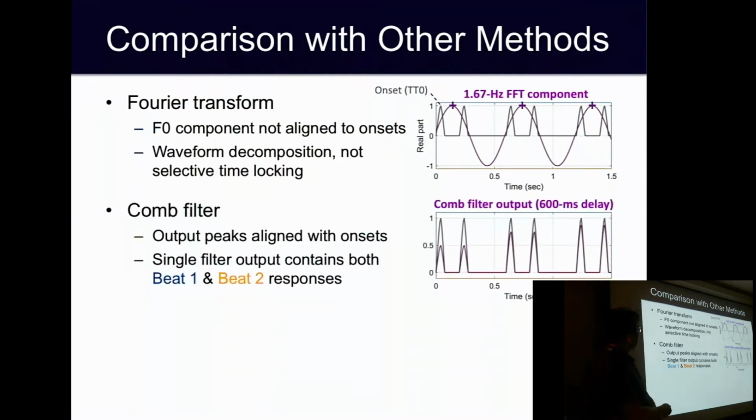And here's the output of a single comb filter whose delay matches the period of this rhythm, 600 milliseconds. The output peaks are aligned with the onset peaks. But the single comb filter output contains both bit 1 and bit 2 responses.